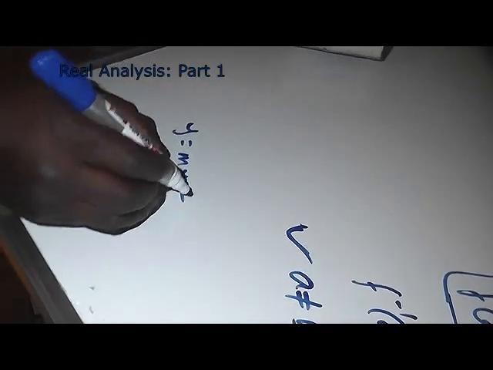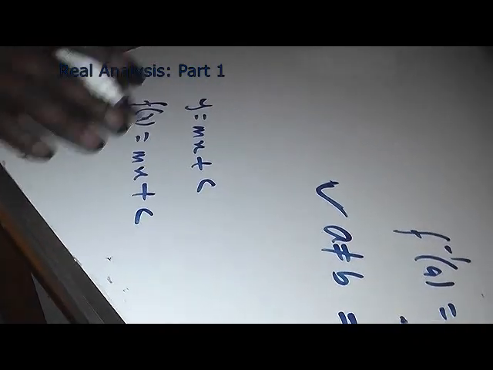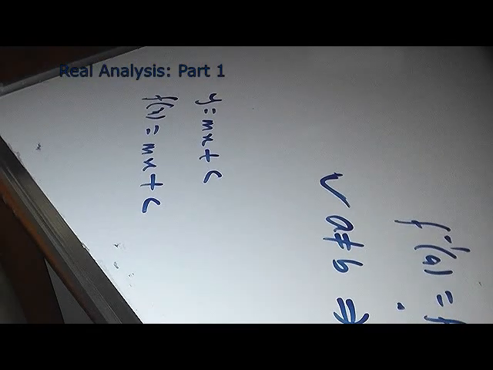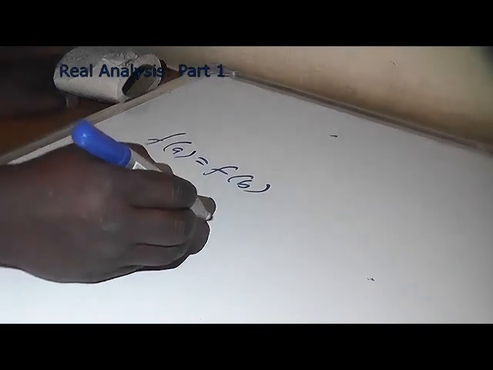For example, the real line, the linear equation, which means f of x is equal to mx plus c. Now, to check that this linear equation is certainly 1-to-1, we check f of a equal to f of b and get the fact that a equal to b. This is m of A plus C equal to m of B plus C. By cancellation property, this will go.